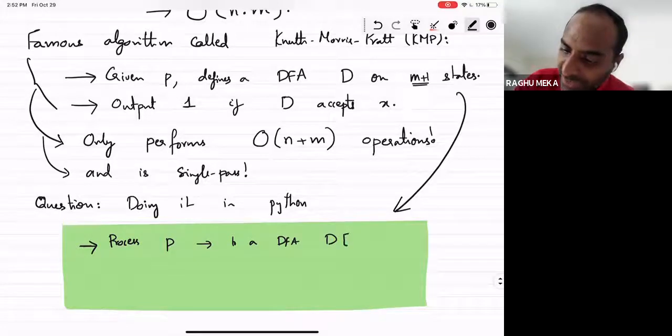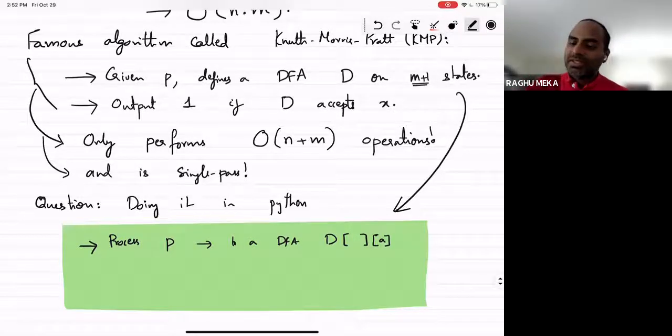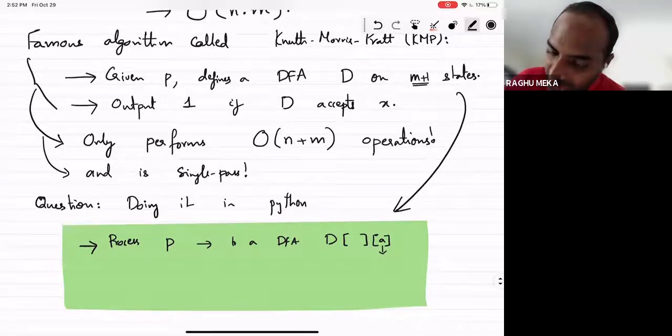You can think of it as a two-dimensional array. The first index tells you the state, and the next is a bit and tells you the output after taking the transition. So the transition diagram is just a 2D array.